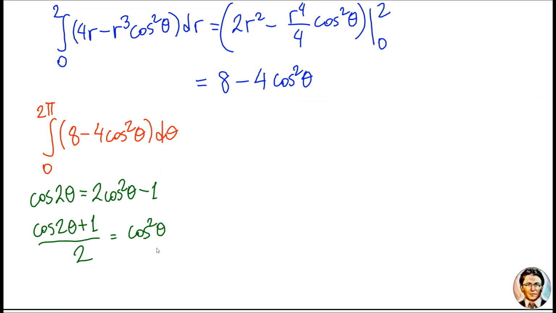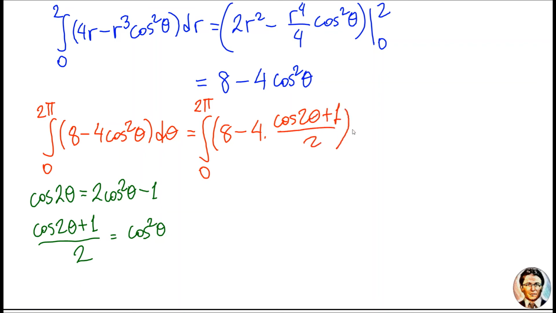So this is how we integrate cosine square theta. We just replace it with this expression. So if I replace cosine square theta with the expression with cosine 2 theta, then it will be possible to integrate 4 times cosine 2 theta plus 1 over 2 d theta.